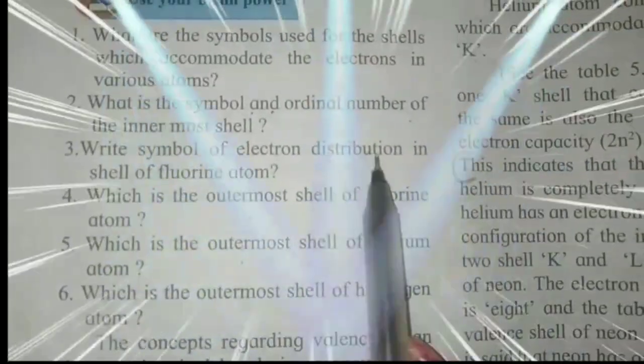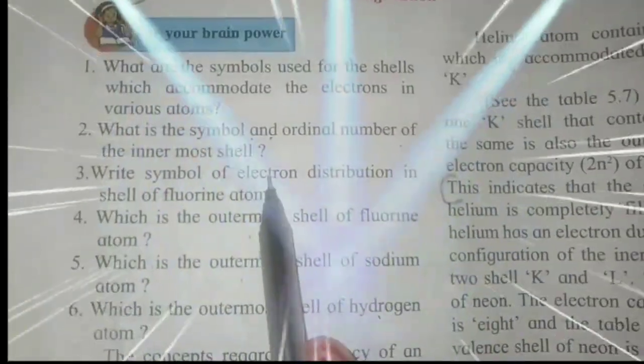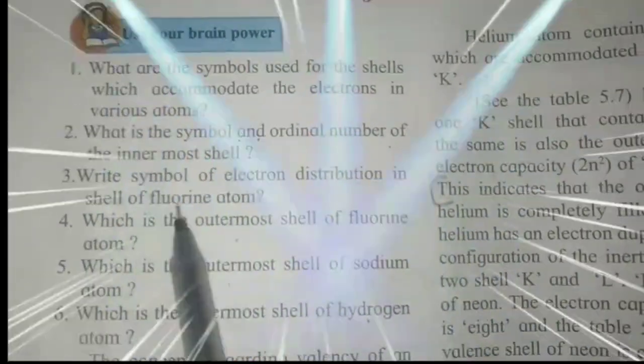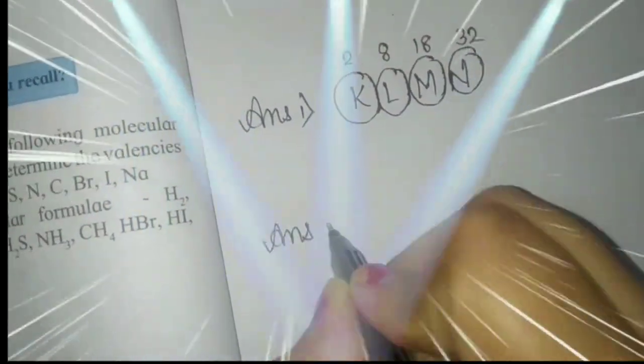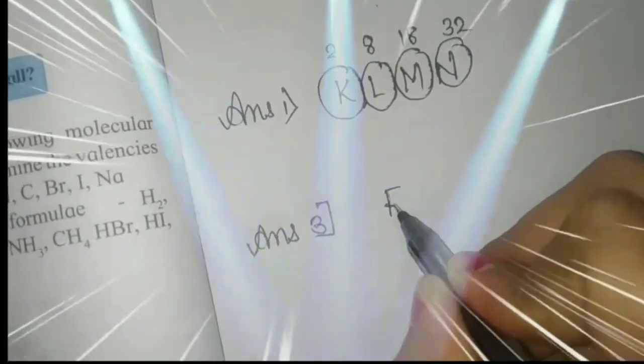Write symbols of electron distribution in the shell of fluorine atom. We have to write the symbol of fluorine, and we know the symbol of fluorine is F, that is capital. And see the next, electron distribution in the shell of fluorine atom.